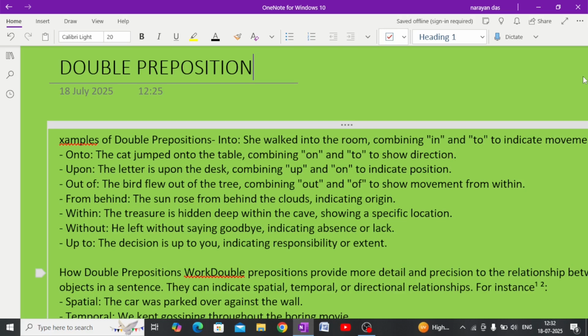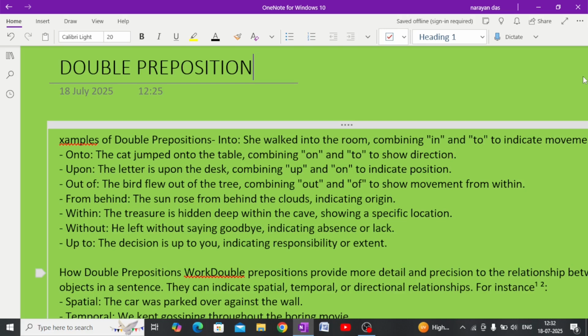For example, the diver jumped into the pool. So he jumped from outside, in the air, into the water of the pool. So you can see how interesting. Then you see onto. The example sentence is: the cat jumped onto the table. That is, on means upper position or a surface and to means movement.